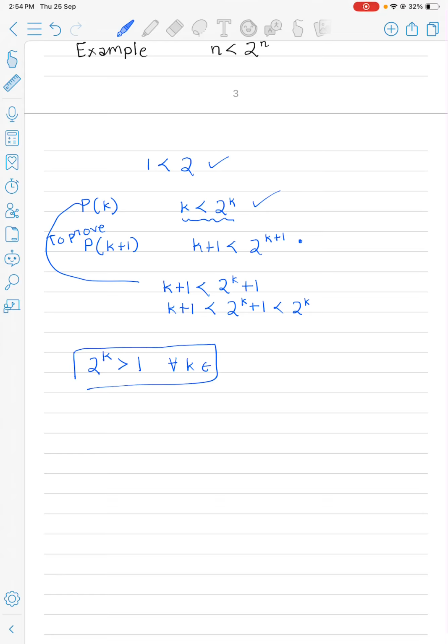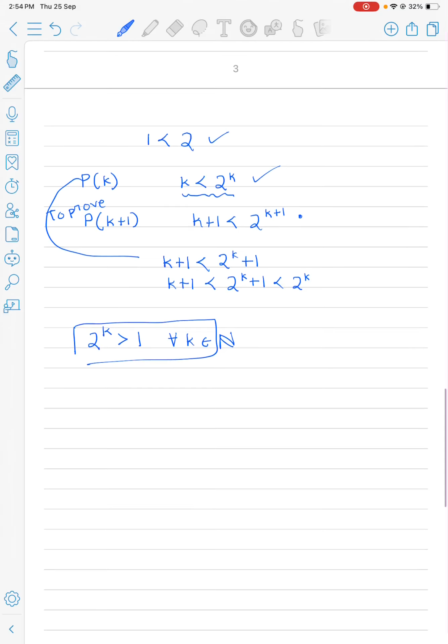This one I want to prove for all k belongs to natural number. This one first I need to prove. So this one also we can use induction. First k is equal to 1. This one is true, right? 2 is greater than 1.